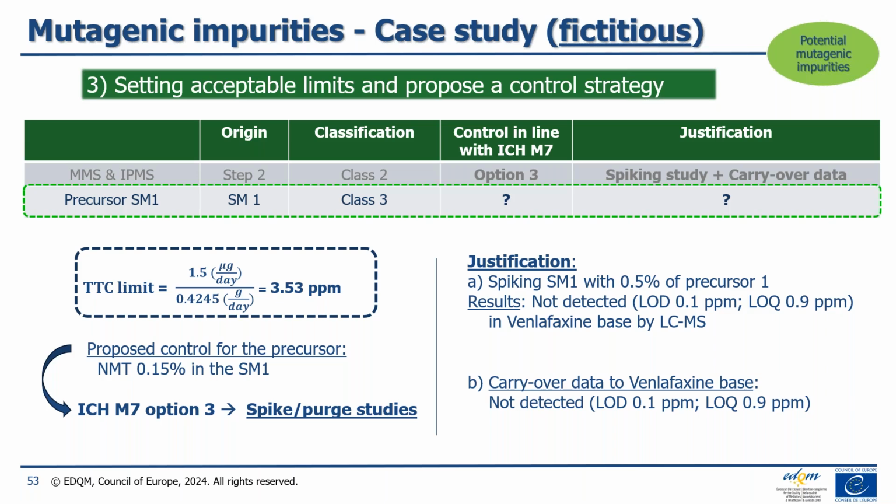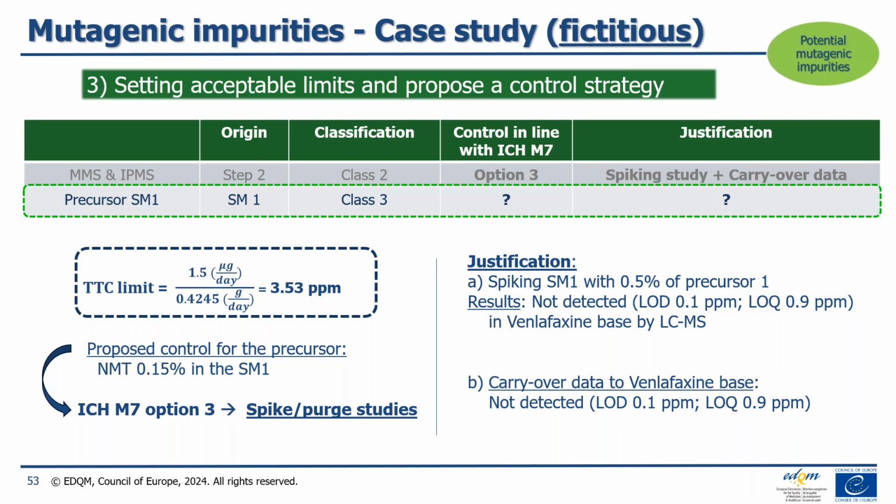So again, here the concentration of the spiking is higher than the limit which is being proposed. And the results have shown that the impurity was not detected, so below LOQ 0.9 ppm, which is again below 30% of the TTC limit, in venlafaxine base by LCMS. And this has again been supplemented by carryover data to venlafaxine base, which have shown that the impurity was not detected.